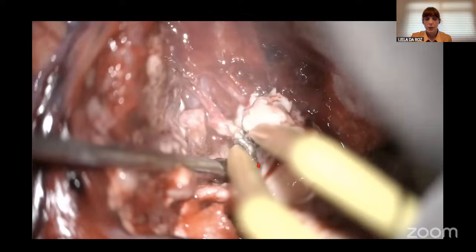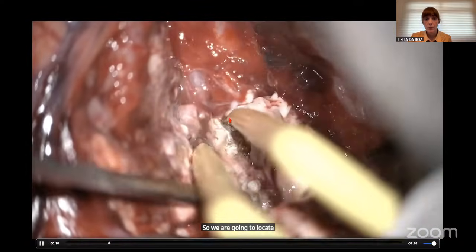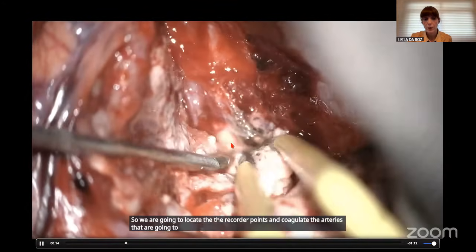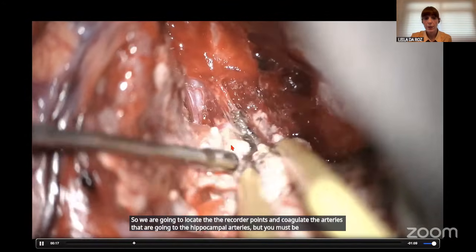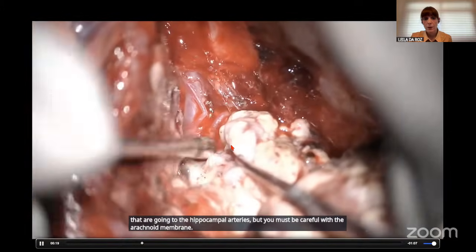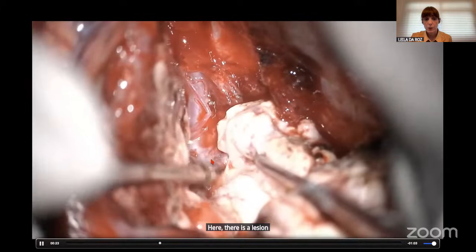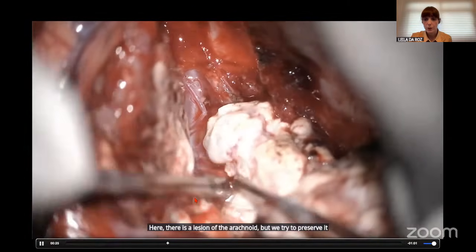So we are going to locate the inferior choroidal point and coagulate the arteries that go to the hippocampal arteries, but you must be careful with the arachnoid membrane. Here, there is a lesion of the arachnoid, but we try to preserve it, opening the choroidal fissure.